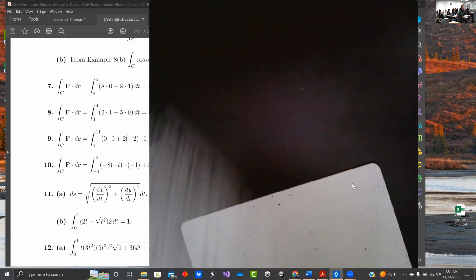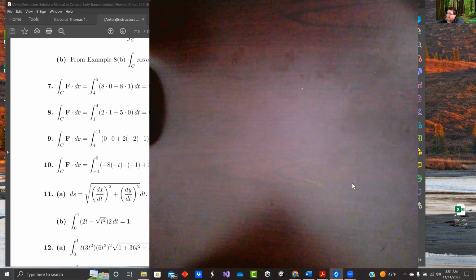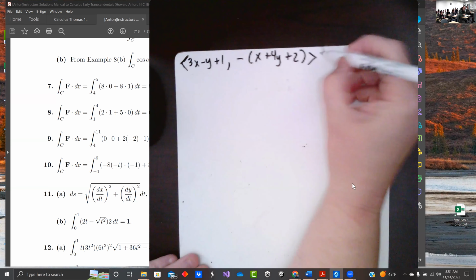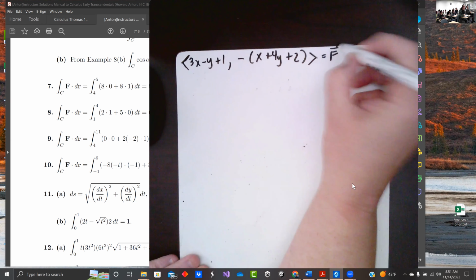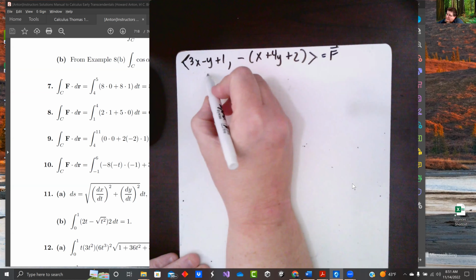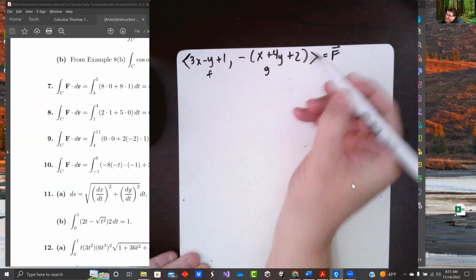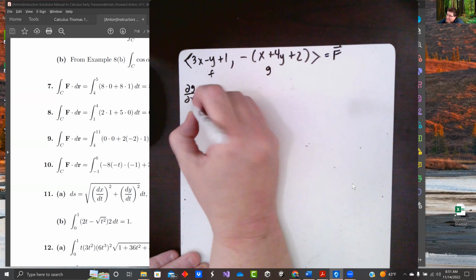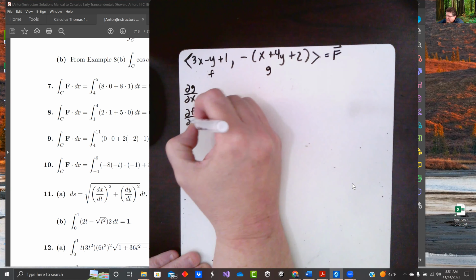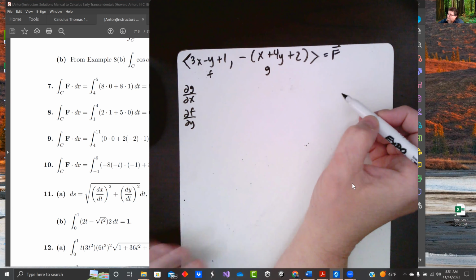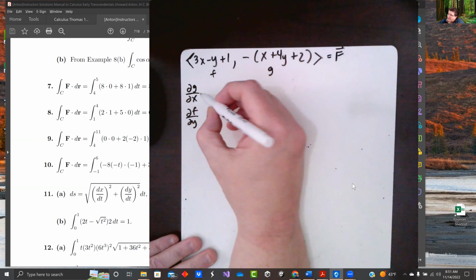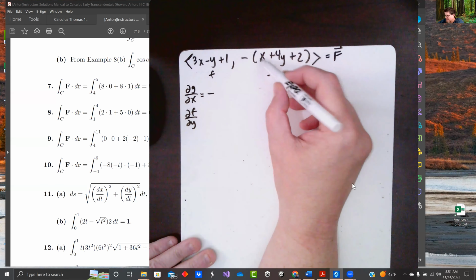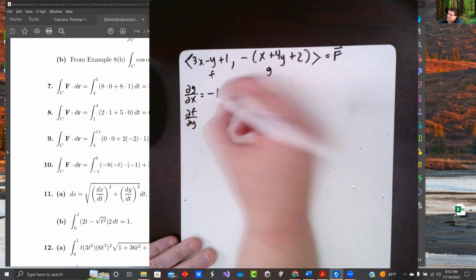All right. So let's take a look at the other one. That's my F, and this is my F and my G. So let's figure out what dg/dx is and df/dy. Well, I've got a negative there, and the derivative of this with respect to x is 1.